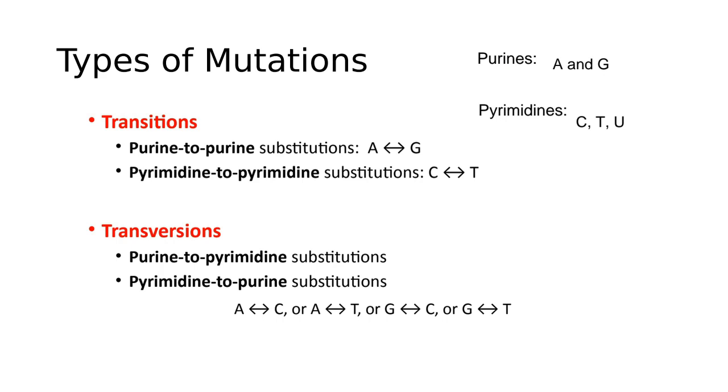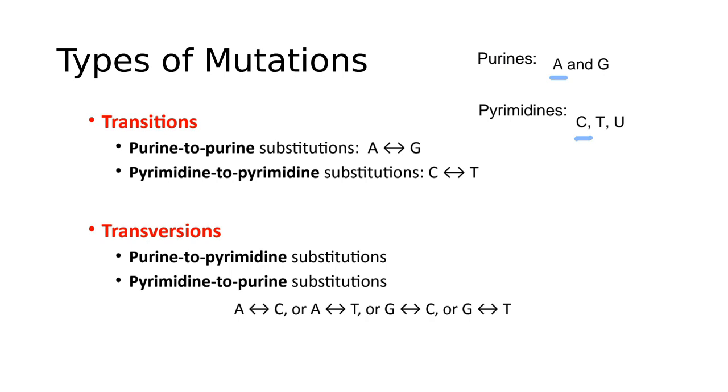If we changed an A to a G, that's just a transition. It stayed a purine. If we changed a C to a U or a T to a C, just a transition. It stayed a pyrimidine. If you're converting one chemical group into the other, say from an A to a C as your mutation, you're jumping categories here. You're going from a purine all the way to a pyrimidine.